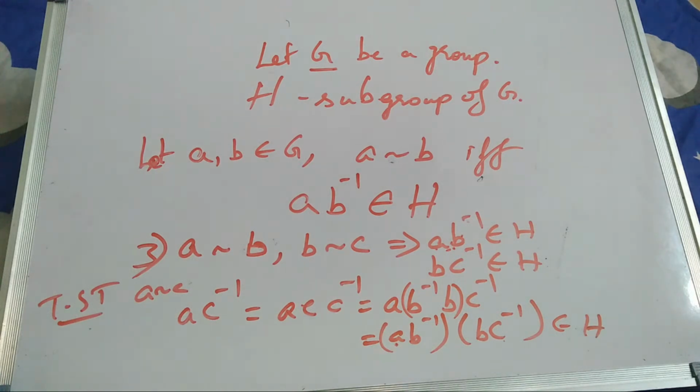So given an equivalence relation, what we try to do is we try to split the equivalence classes and then try to proceed. So what we do now is we try to do an example where we define such an equivalence relation.